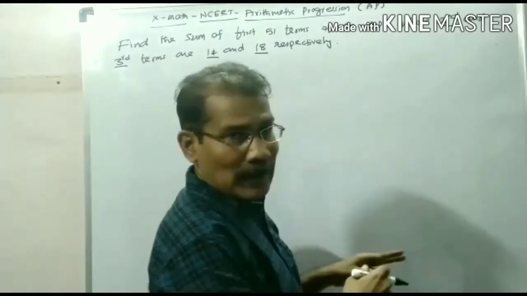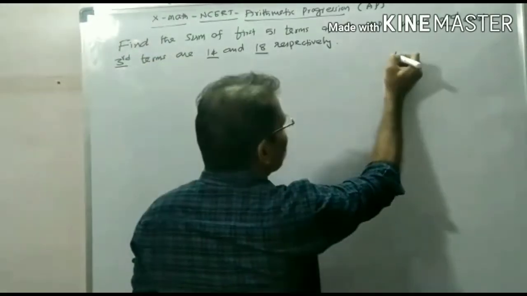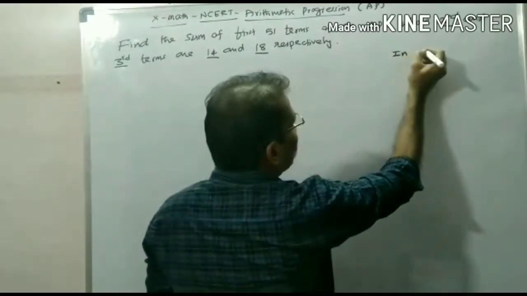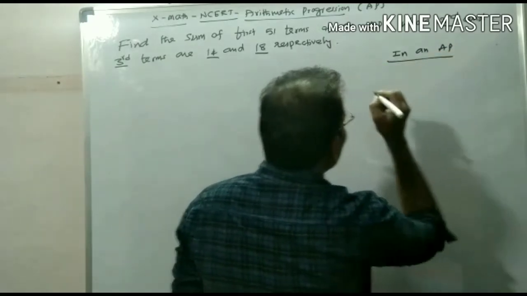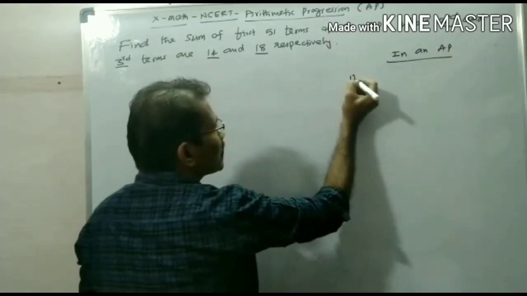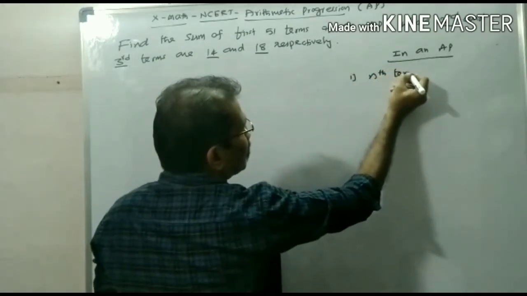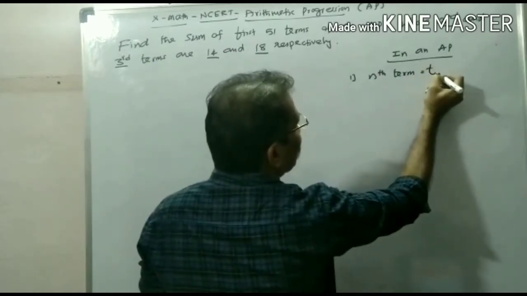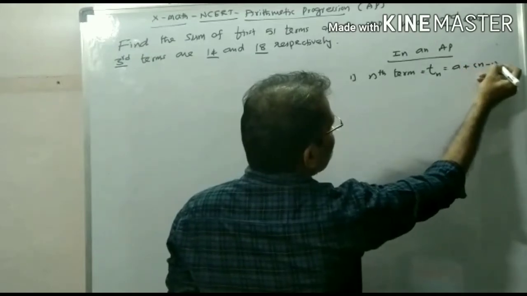we need to recall the formulas belonging to arithmetic progression. In an arithmetic progression, the first one is the nth term of AP, that we write Tn, which is equal to a plus n minus 1 into d.